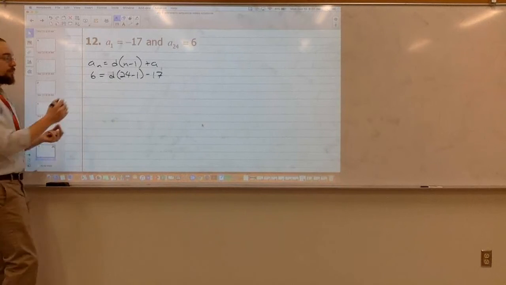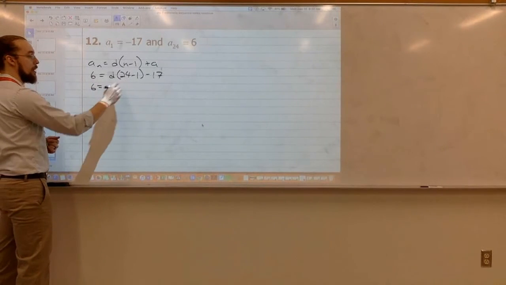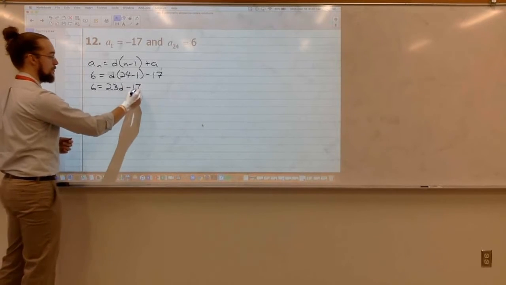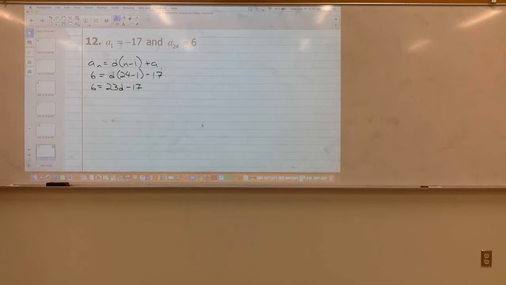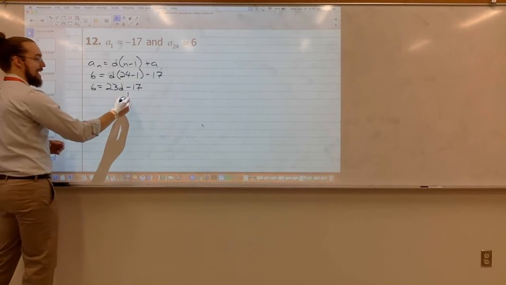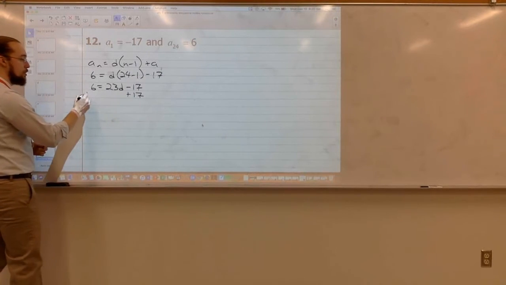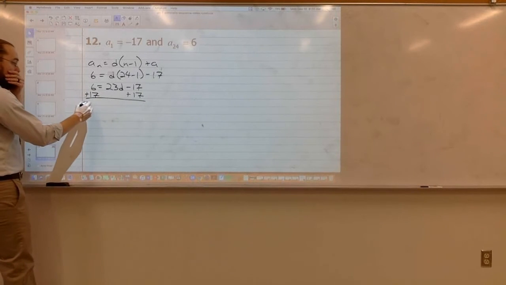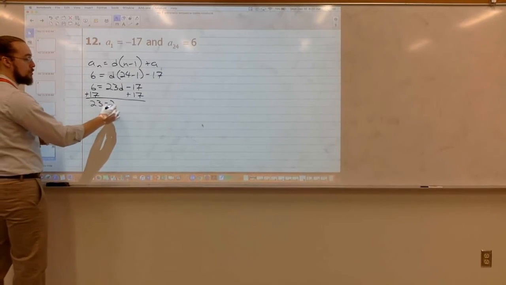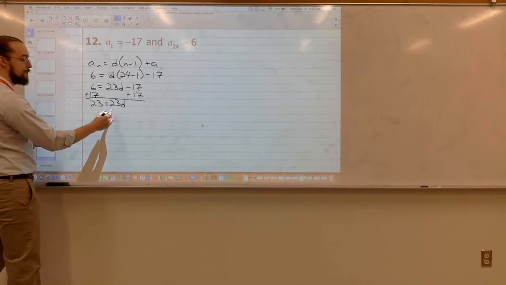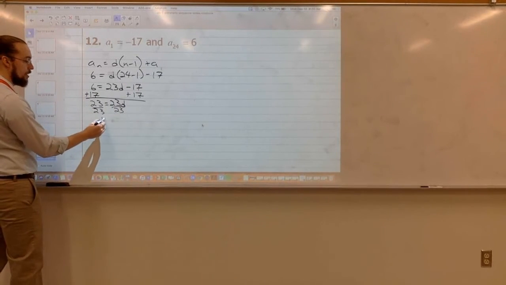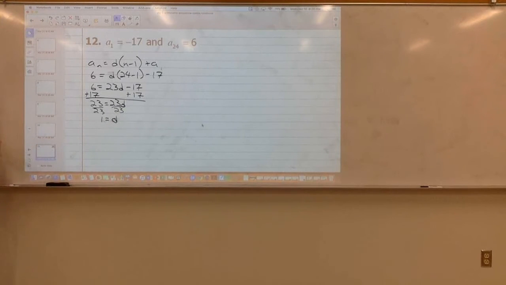Now I want to solve for d. 24 minus 1 is 23, so I just get 23 times d minus 17. Add 17 to both sides. Get 23 equals 23 times d. Divide by 23 and we get 1. Our common difference is 1.